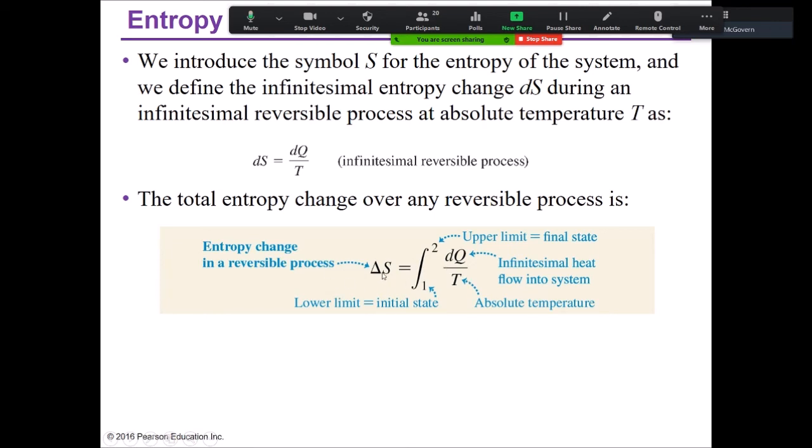The change in entropy in a process, reversible, okay, is an integral of dQ over T. And so, again, this is all about energy transferred at a given temperature. Now, this may seem strange.